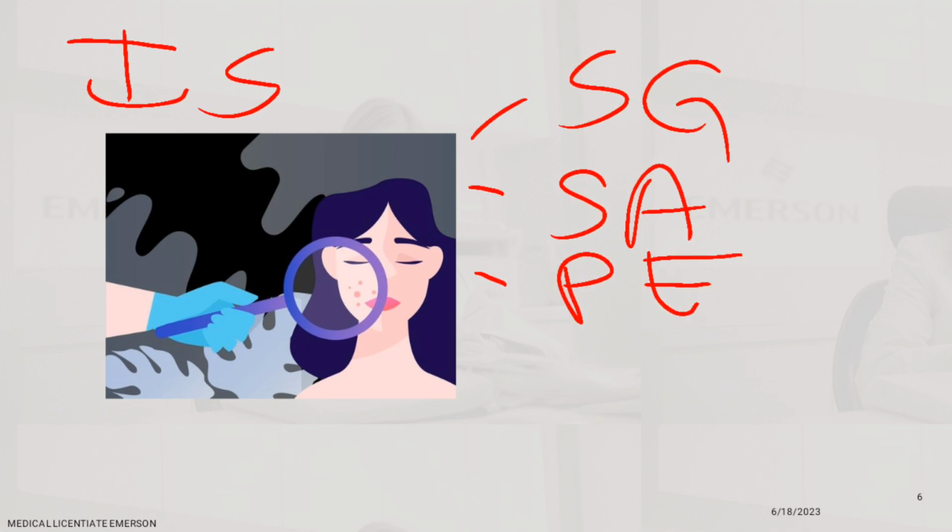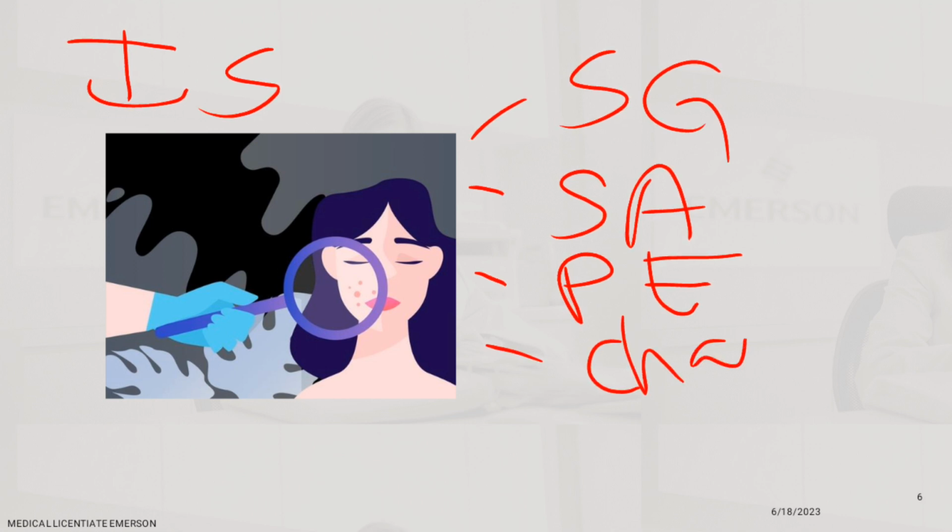Then we can have spider angiomata, which is due to increased vascularity. We can have palmar erythema, which is also due to increased vascularity.